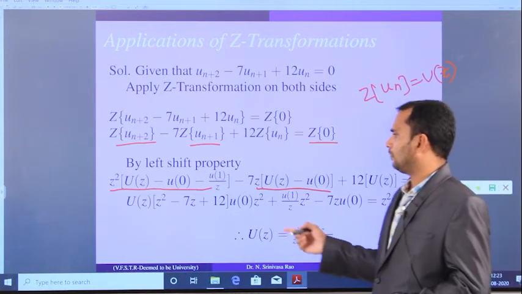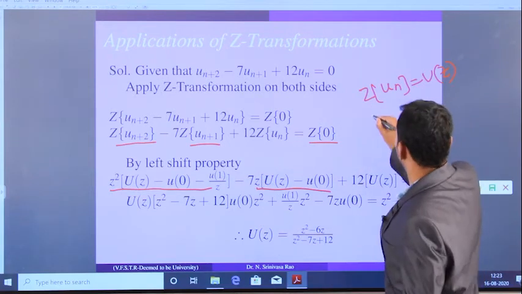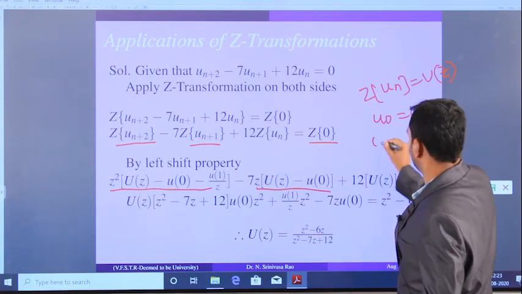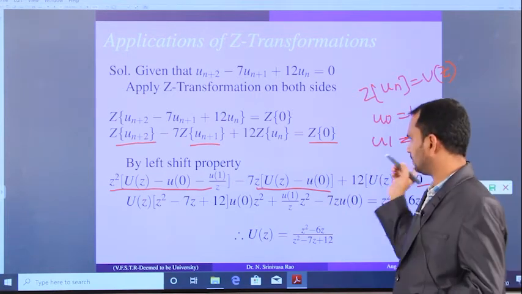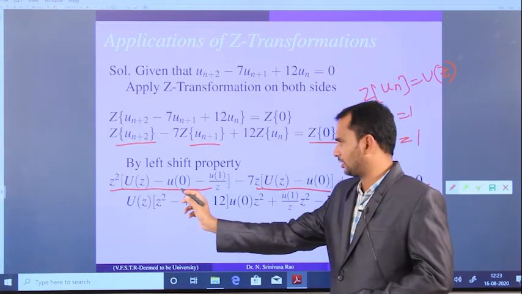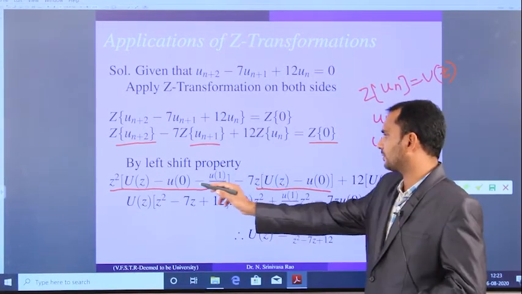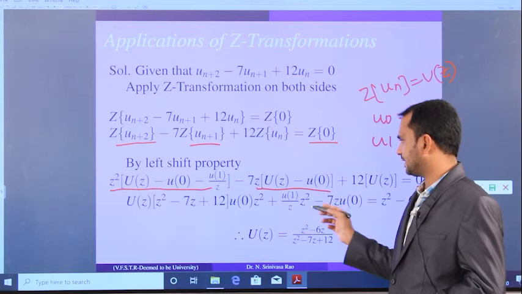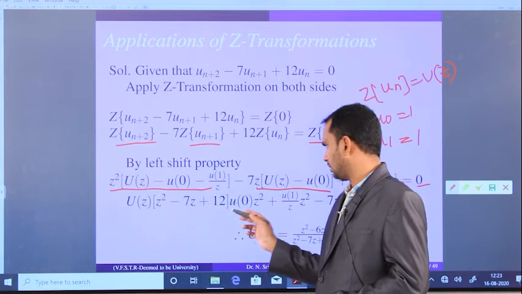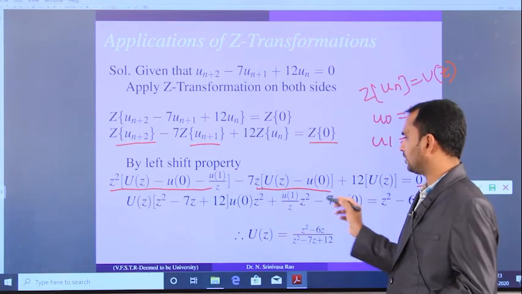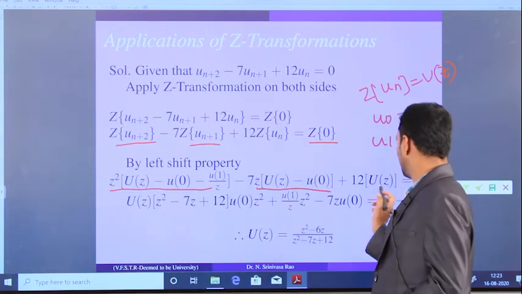Now apply the u0 and u1 values. They have given u0 = 1 and u1 = 1. Substitute those values here. Now take U(z) common, because U(z) appears three times.